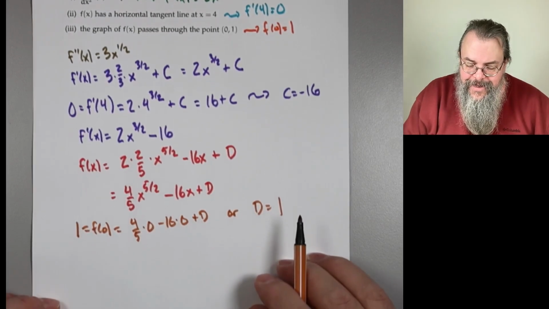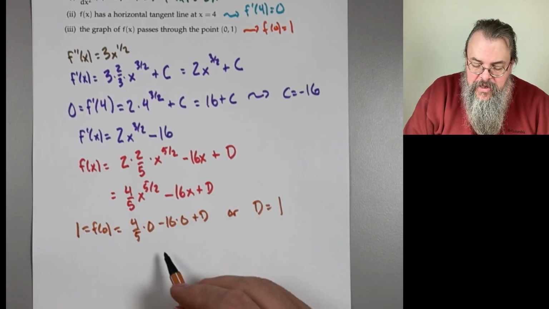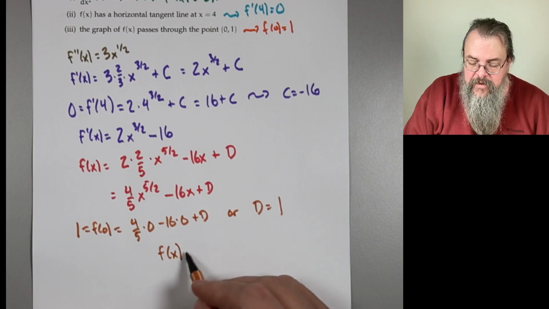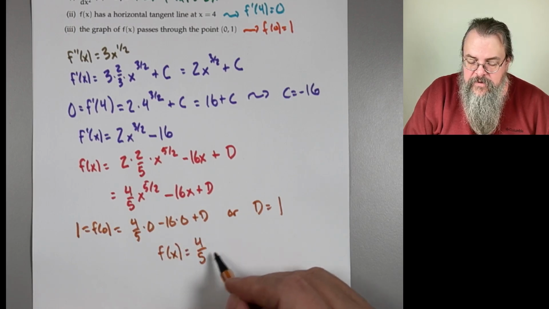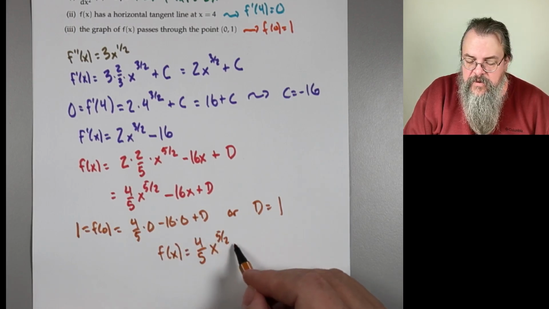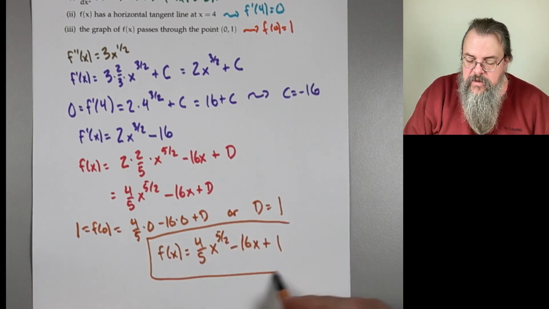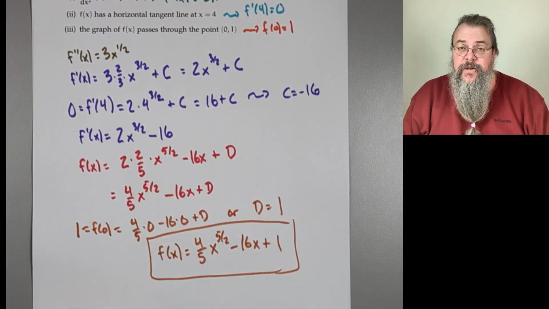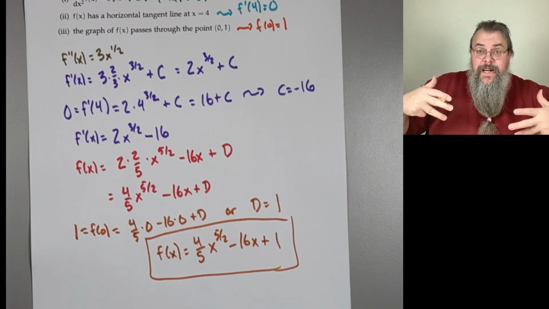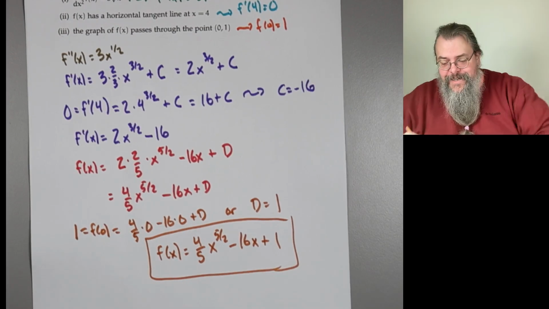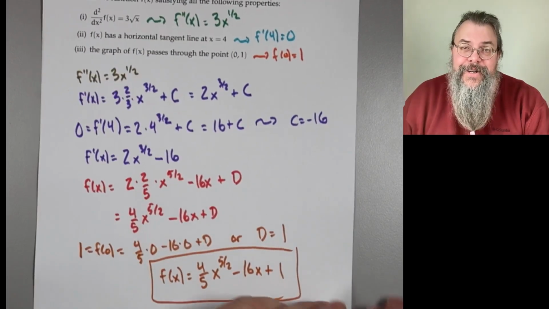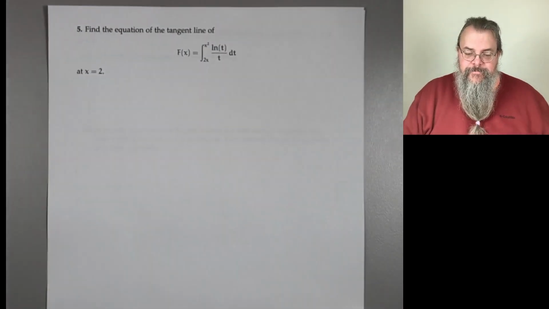Aha! Cool! So last thing is we plug it in. We get that f of x is 4/5 x to the 5/2 minus 16x plus 1. We found our function. It satisfies our 3 conditions, which means we did it, and we're done. And so on to the next problem.